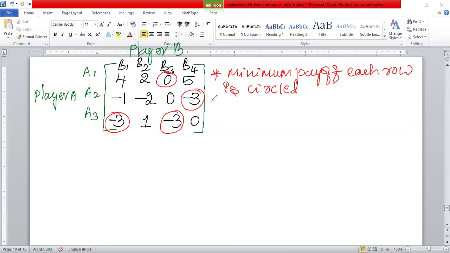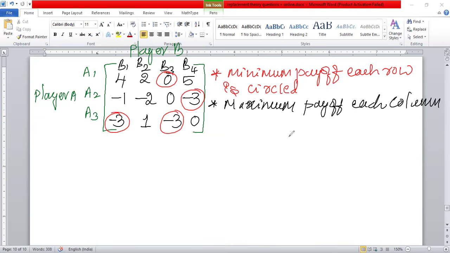Okay. Next, the maximum payoff of each column is boxed. First is 4. Here 2.